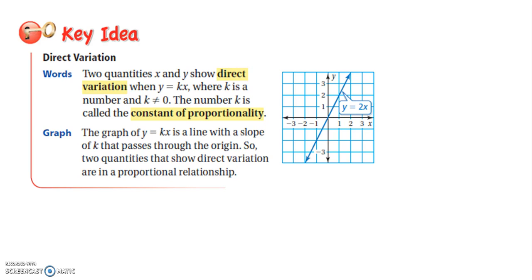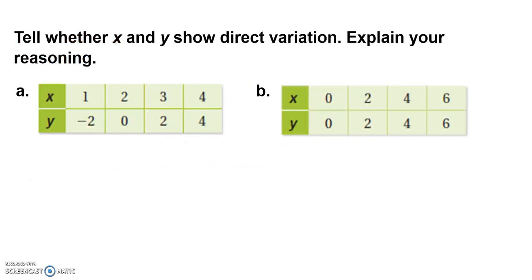The number k is called the constant of proportionality. The graph of y equals kx is a line with a slope of k that passes through the origin. So it has to pass through the origin to have direct variation. Two quantities that show direct variation are in a proportional relationship.